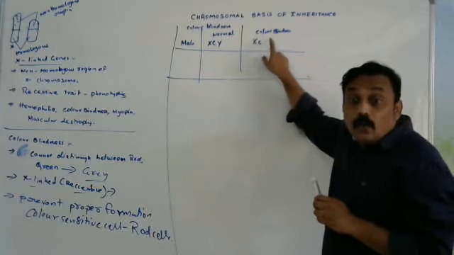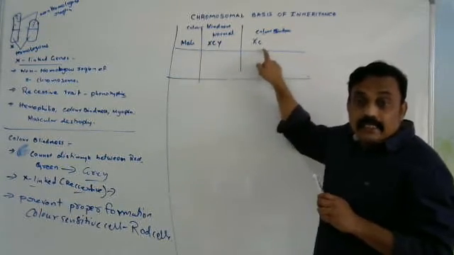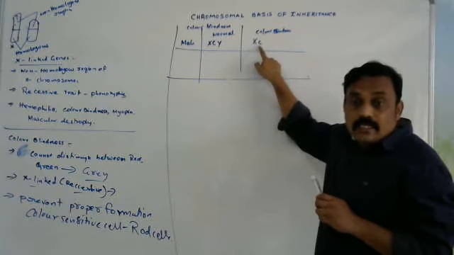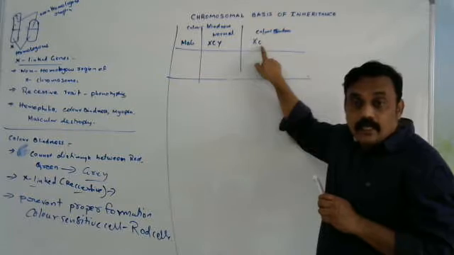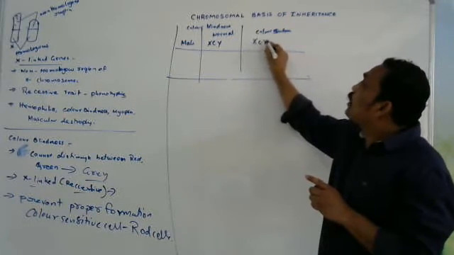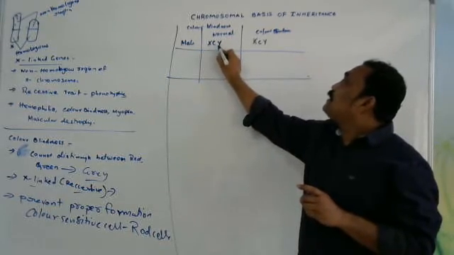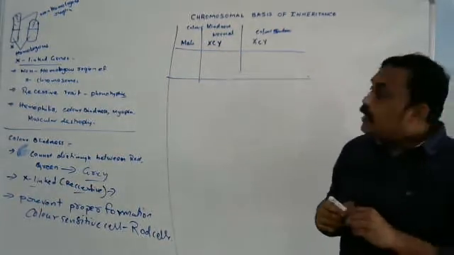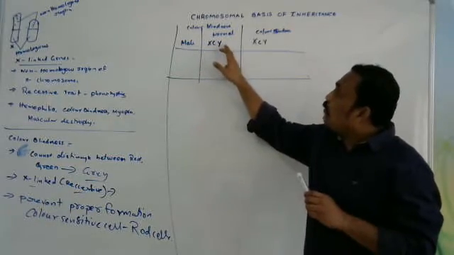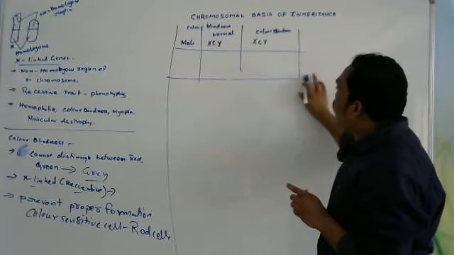A color blind male has the genotype X small c and Y, capital Y. This is the genotype of the color normal person and the color blind person. Their genes are like this only.